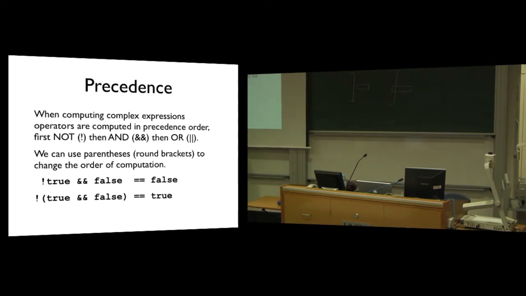So if we say not (true and false), that's true and false is false, and then not false is true. So it's just like doing arithmetic with plus and multiplies. You can think of the not as negative, the and as multiplication, and the or as addition, and it works out to be more or less the same kind of rules.